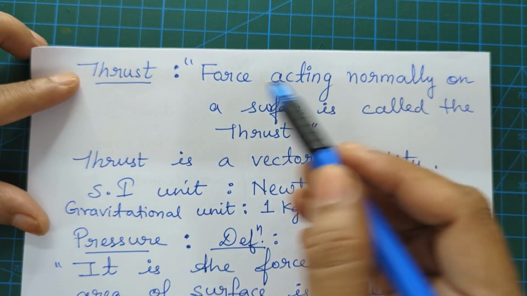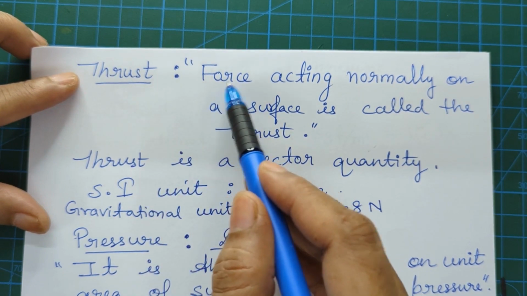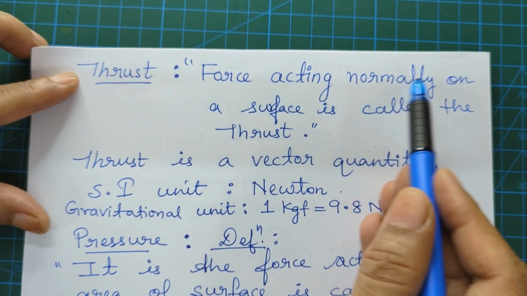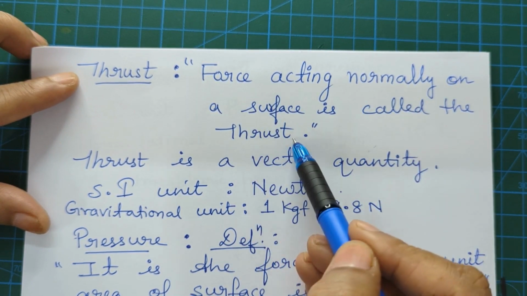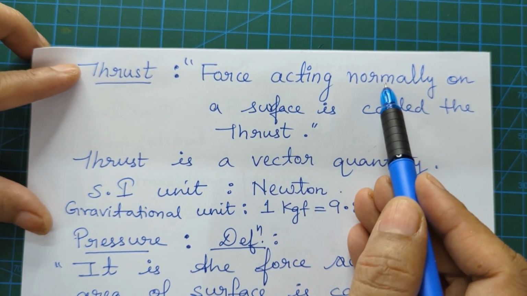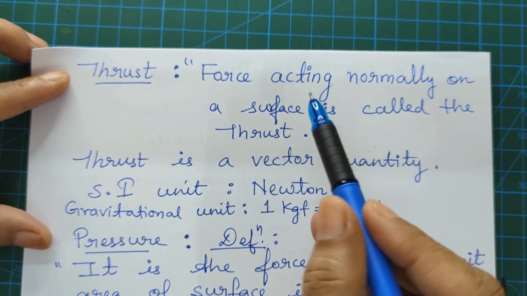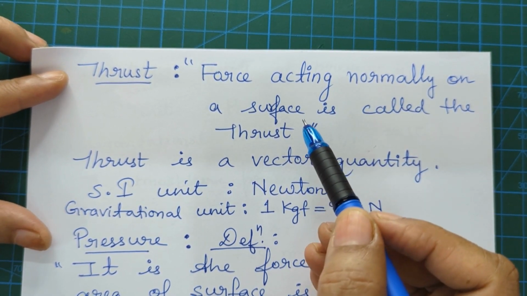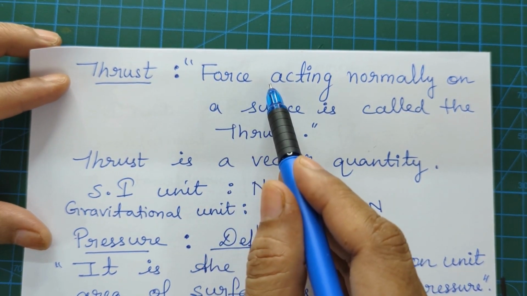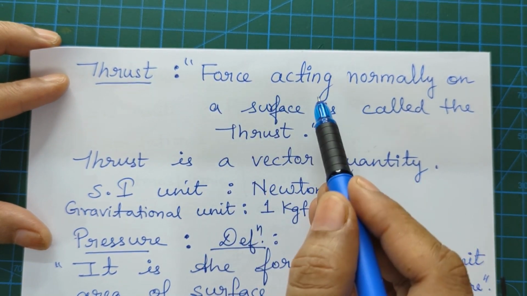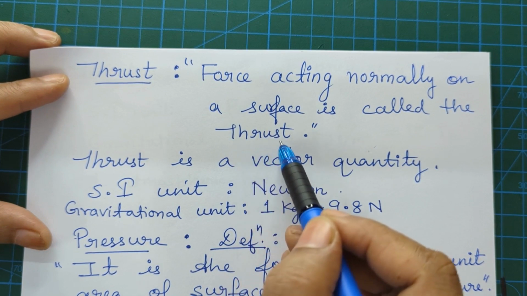So what is thrust? Thrust is the force acting normally on a surface. A force that acts normally on the surface is called thrust. Normally means perpendicular. So every force that acts in a direction perpendicular to a surface can be called a thrust.